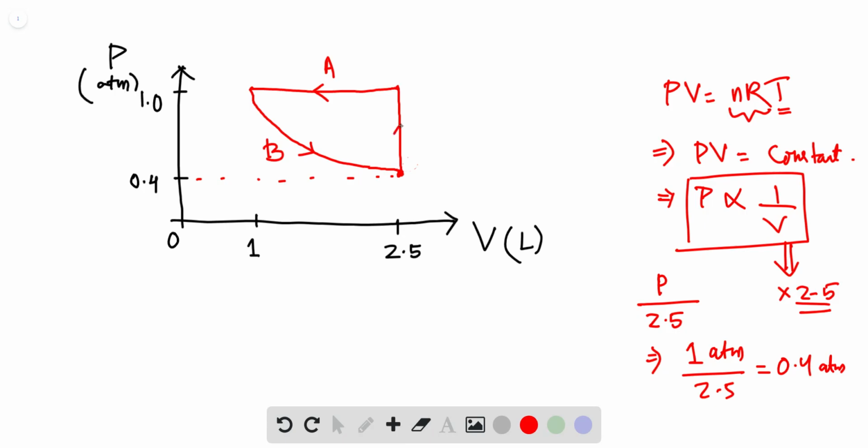Hence the path on the diagram is from 0.4 atmosphere to 1 atmosphere, and let's call this segment C. So that's the PV diagram for the problem.